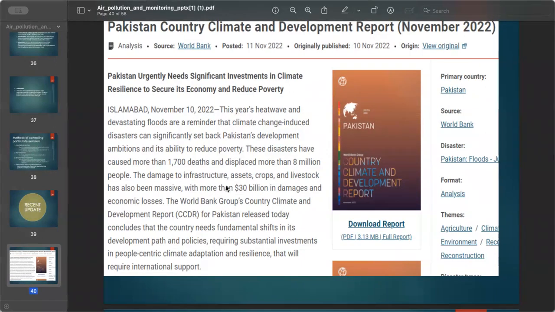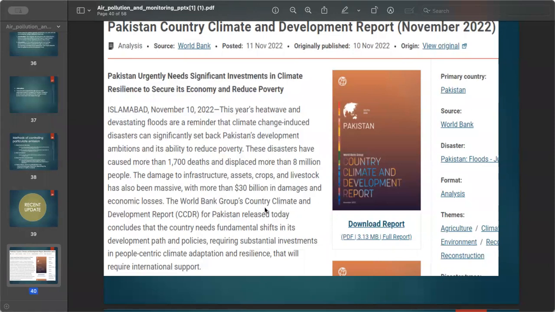This disaster has caused more than 1,700 deaths and displaced more than 8 million people. The damage to infrastructure, assets, crops, and livestock has also been very massive, with more than 30 billion dollars in damage and economic losses.